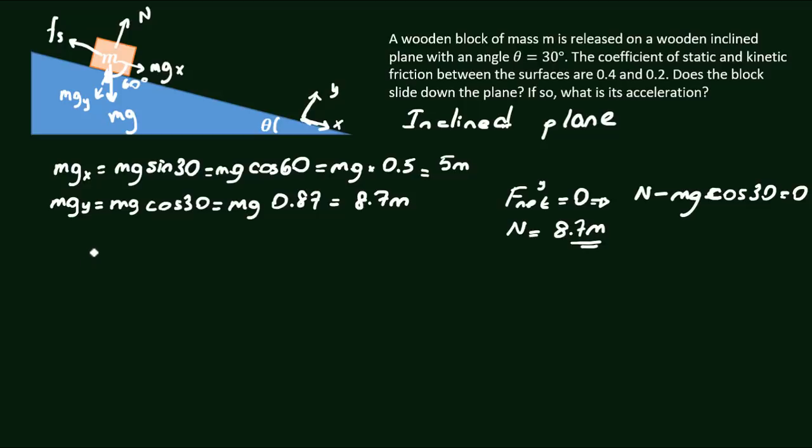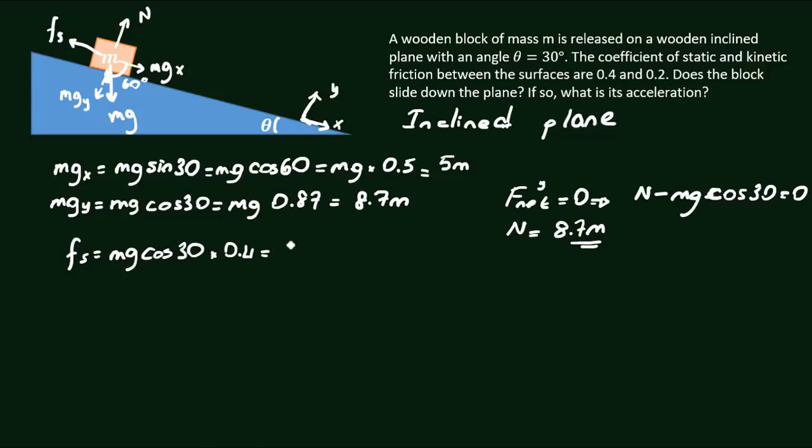All right. So let's write down the static friction force, which is opposing the motion at the moment. It's the normal force, mg times cosine 30, times the static coefficient of friction of 0.4.